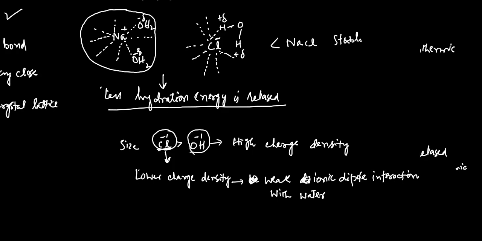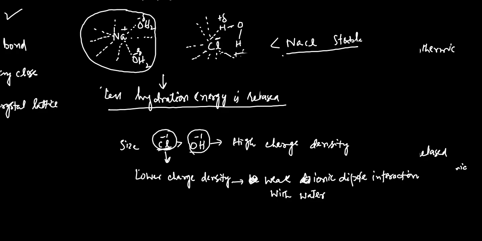So that's why sodium chloride is more stable than sodium hydroxide. Even if this question is asked to you, you can simply say yes, sodium chloride is more stable than sodium hydroxide. So the reaction prefers the forward direction, and it's an exothermic reaction.